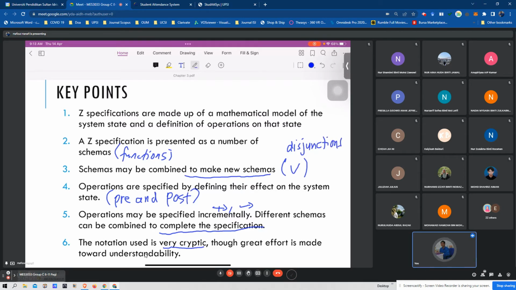Operations are specified by defining their effect on the system, pre and post. And the operation may be specified incrementally by using the logical operations. Different schemas can be combined to complete the specification.